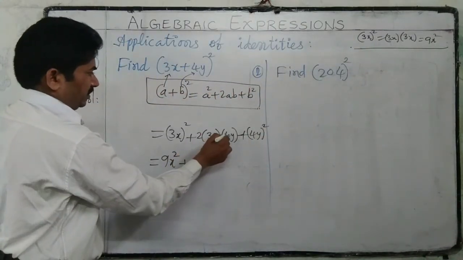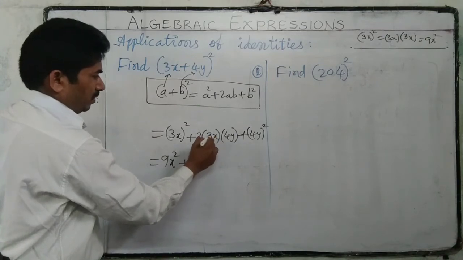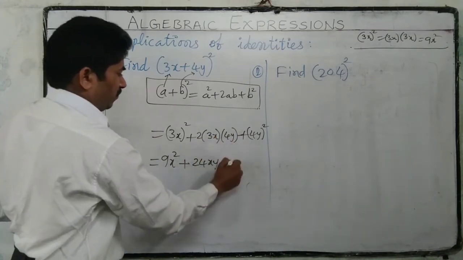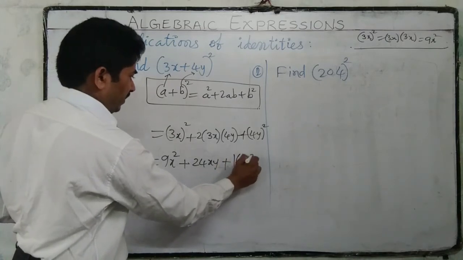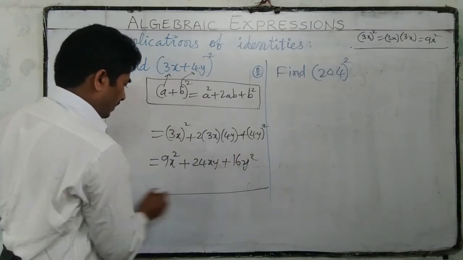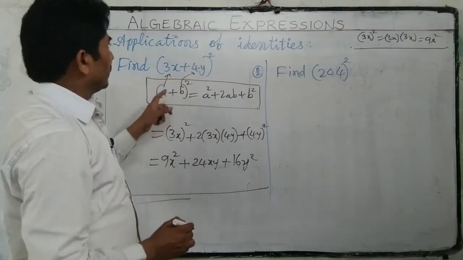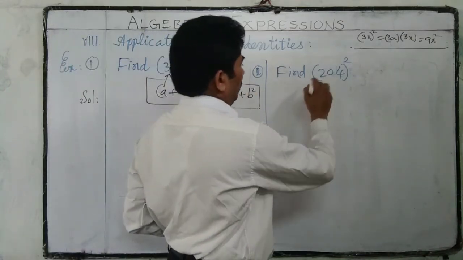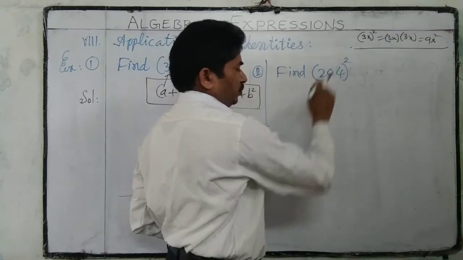Plus 2 3s are 6, 6 4s are 24, xy, 4 4s are 16, y square. So this is the method of finding using identities. Next, find 204 whole square.